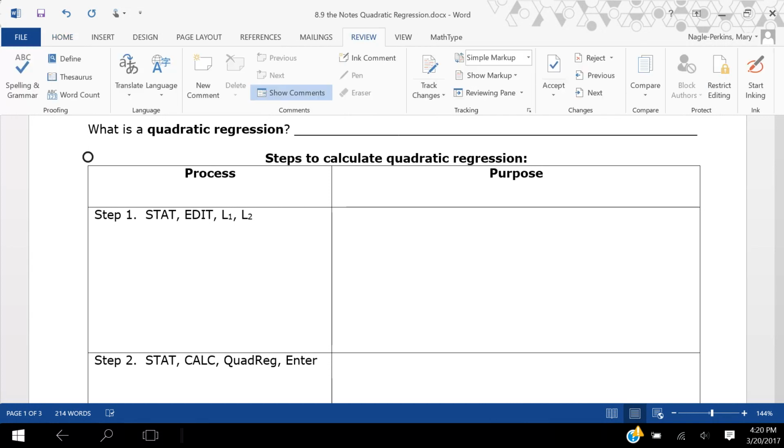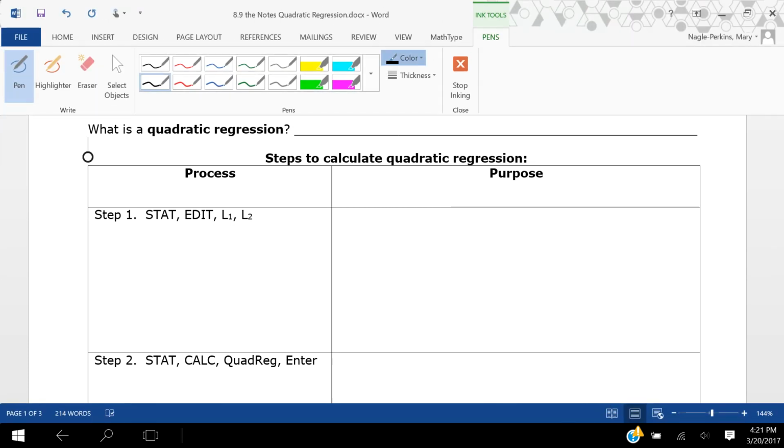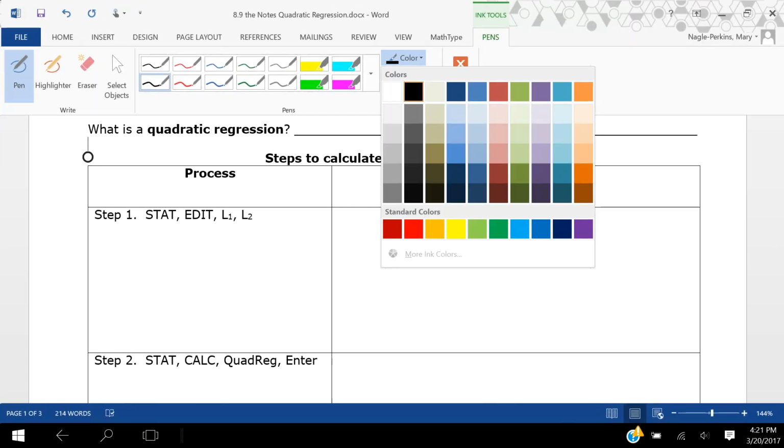So quadratic regression, this should go really fast because we just talked about it in class today. So let me get my little marker out.